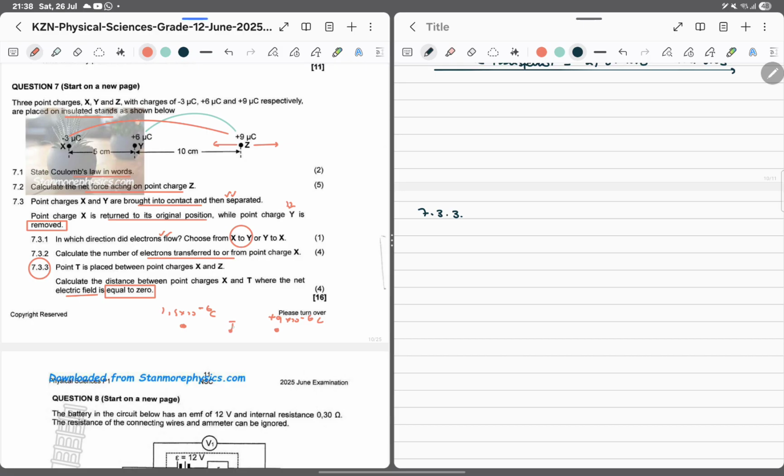Now we've got T between them. So these ones are repelling each other. So the force to the left is because of Y. No, because of Z. And this one to the other side is because of the other one.